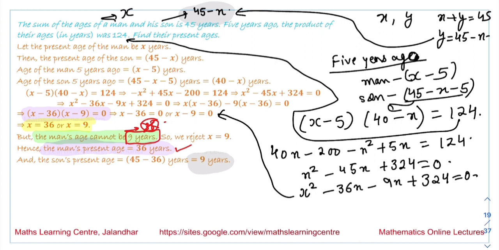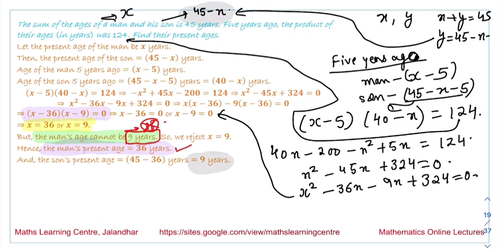Now the next question we have: 7 years ago, Varun's age is 5 times the square of Swati's age. So let Swati's age be x years, then Varun's age will be 5 times this, that is 5x square years.